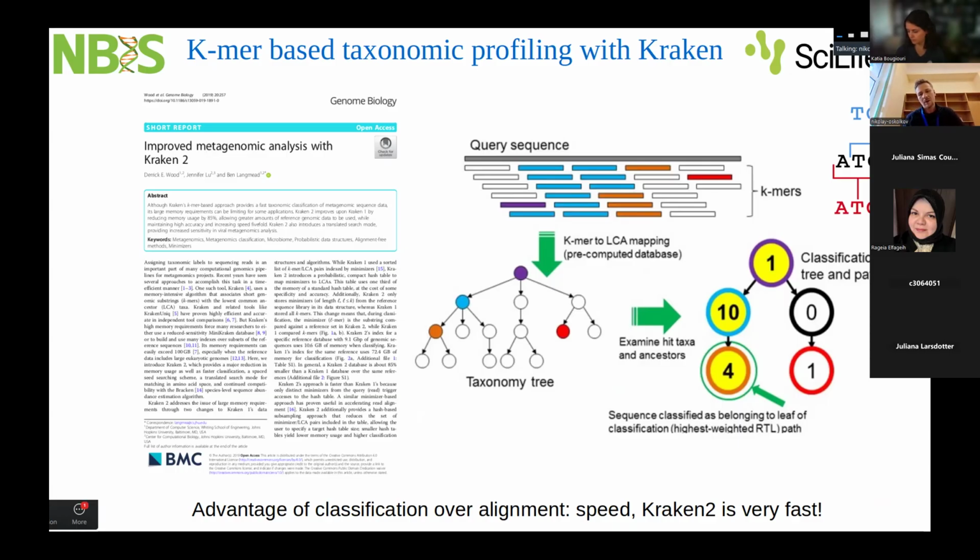But the main idea is that you create this lookup table, and when you get your ancient DNA sample, you split all your query reads into k-mers and check the k-mer composition for each read, and see whether the k-mers that are most abundant in this read are special for a kingdom, family, genus, species, and so on. So this is how Kraken works.